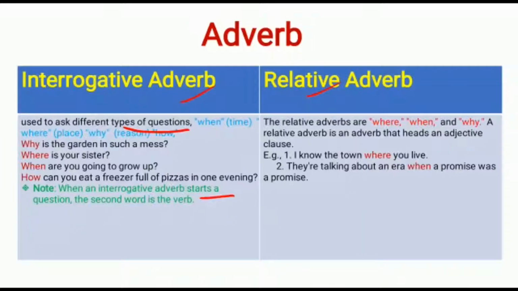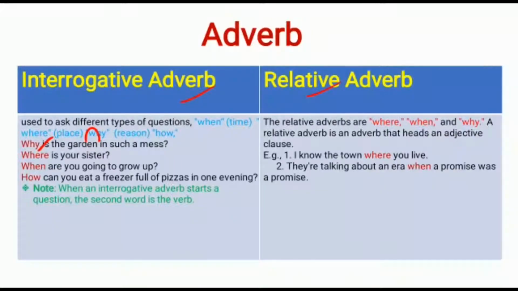Let us try to understand this with the help of the first example. Why is the garden in such a mess? Now, most of the children make errors in framing questions and they write it as why the garden is in such a mess. Means they do not put the auxiliary here, they put it after garden.